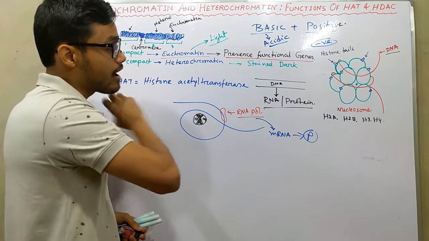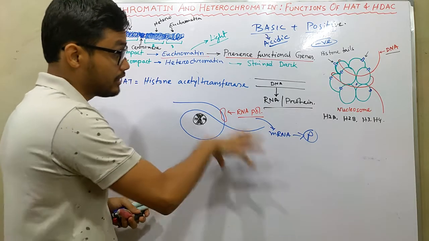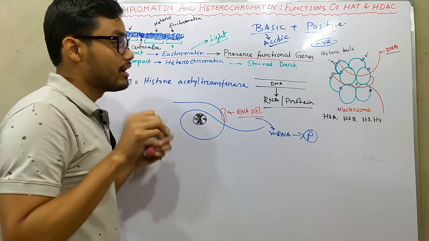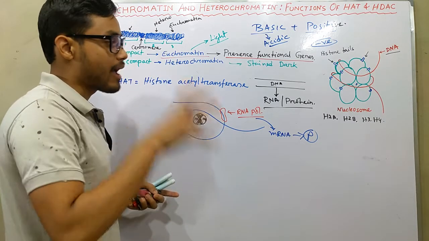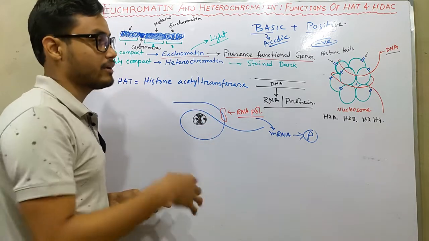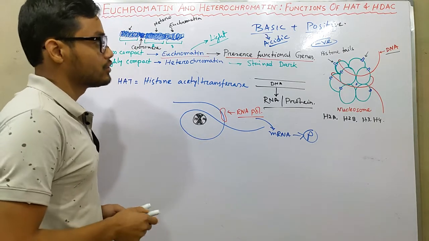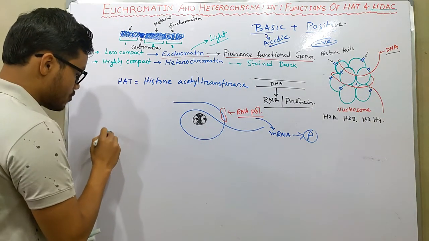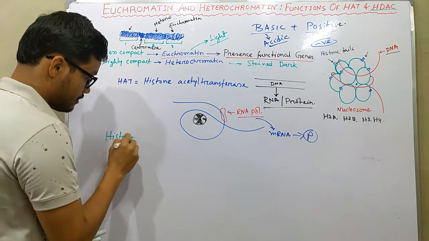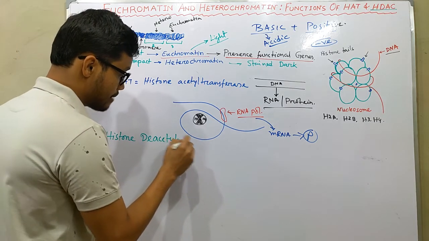After transcription and translation of the particular gene, now is the time when the nucleosome has to shift back to its original shape, its original properties. So now another enzyme, HDAC, that means histone deacetylase, comes into play.